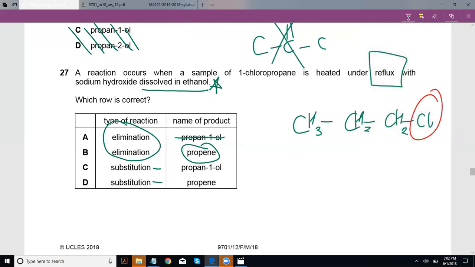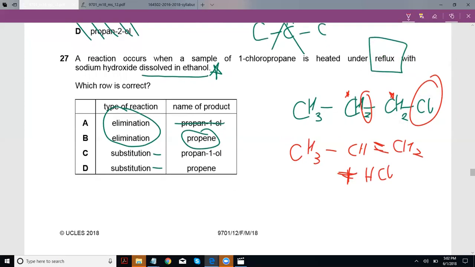You get Cl from this particular carbon. From the other carbon adjacent to it, you get a H. So that gives you CH3, CH double bond, CH2, and HCl formed separately. Excuse the bad handwriting. Anyhow, that clearly gives you propene, not propan-1-ol. So that gives you B.